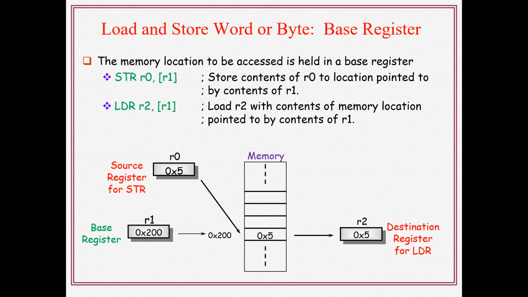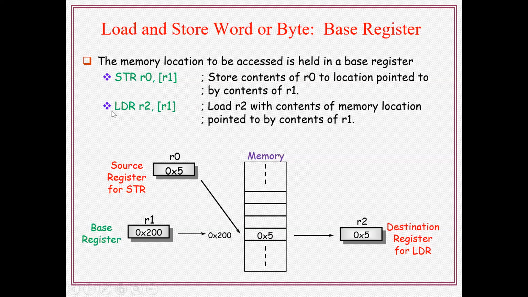If you observe here, this one is the source register and this one is the destination. So store contents of R0 to the location pointed to by the contents of the R1 register. Whatever value is available in R0 is copied into the memory location pointed to by the content of the R1 register.